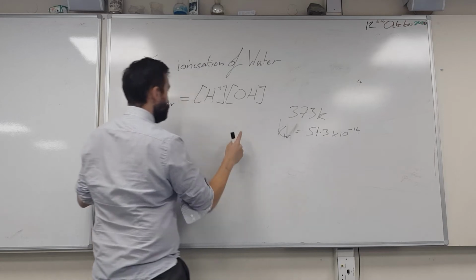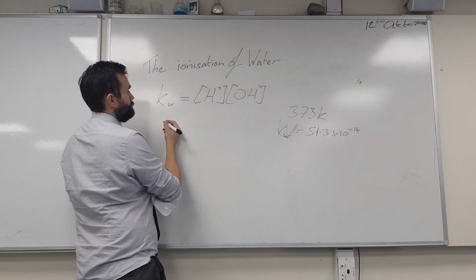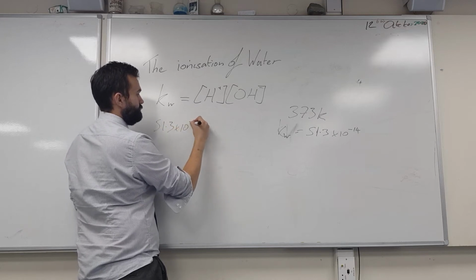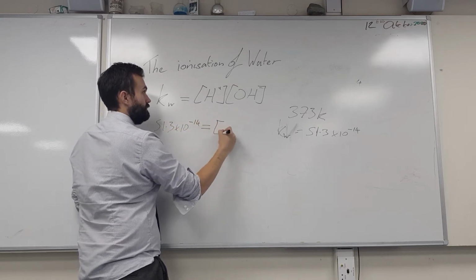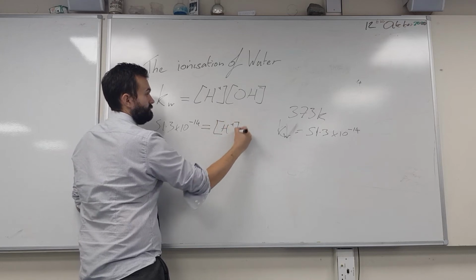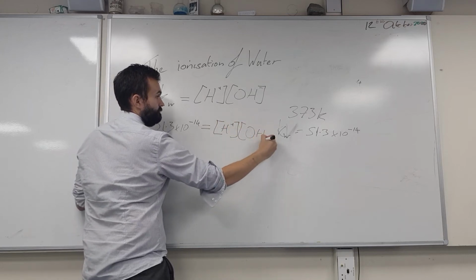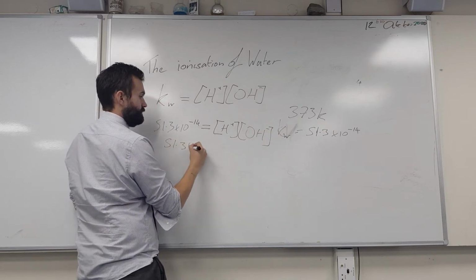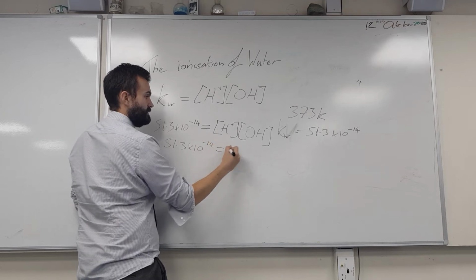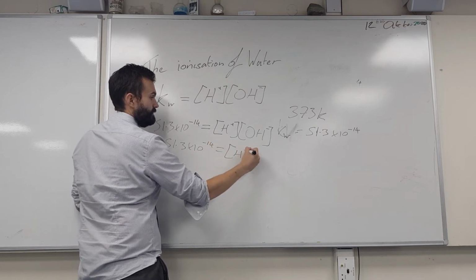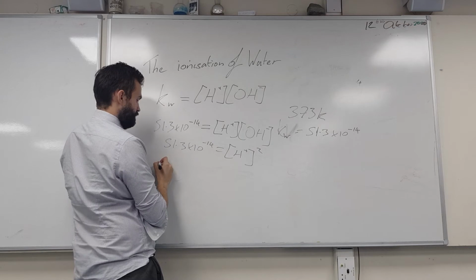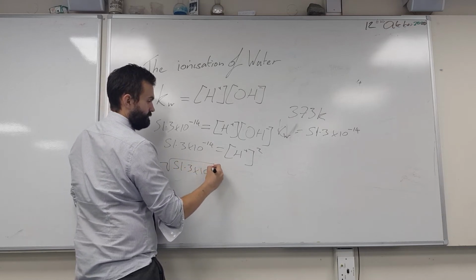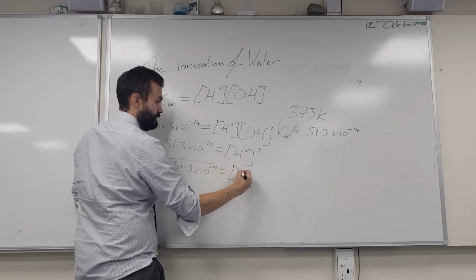So all we'll do is put it in this. 51.3 times 10 to the minus 14 is equal to the product of these two, but because it's water and they're the same, we have 51.3 times 10 to the minus 14 is equal to [H+] squared. If we square root it, that gives us the concentration of H+.